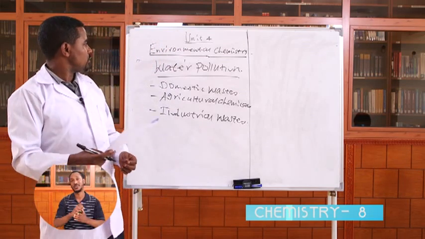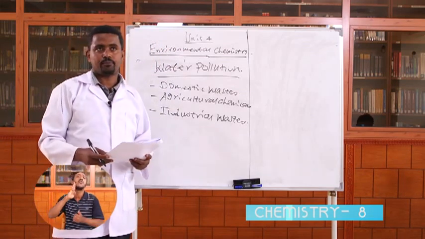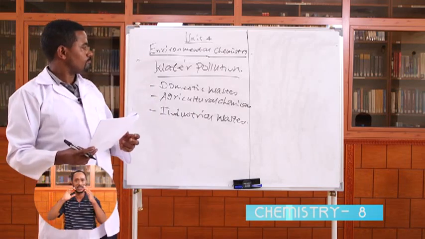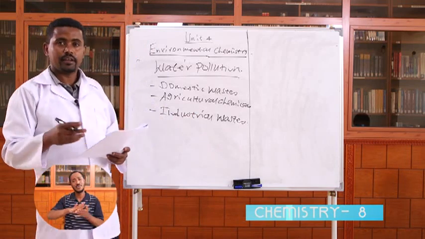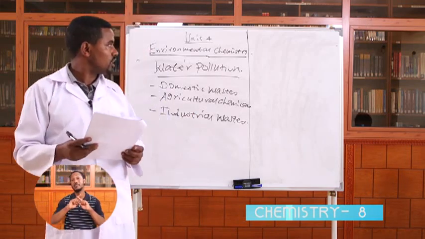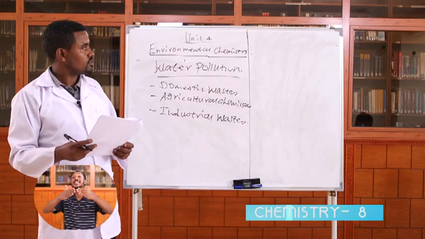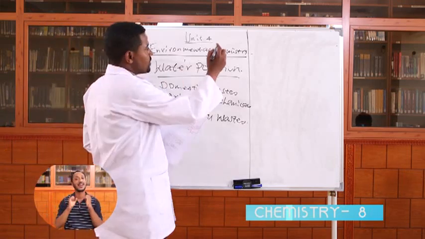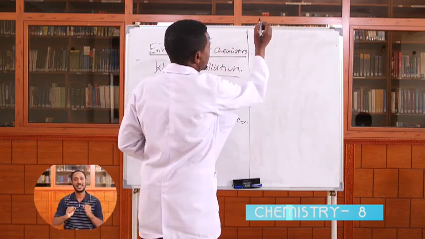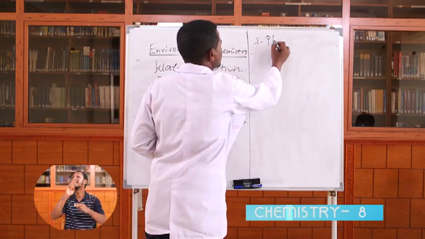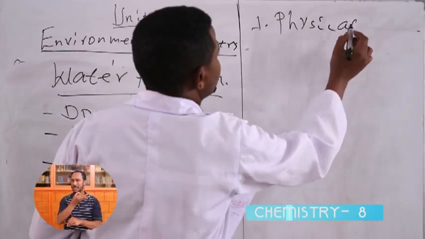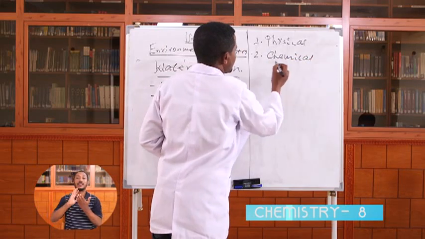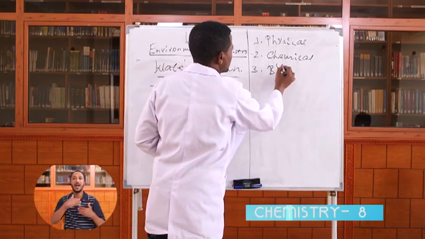Students, how can we treat water? Water can be treated by passing through different stages. There are three main steps in water treatment: physical treatment, chemical treatment, and biological treatment.